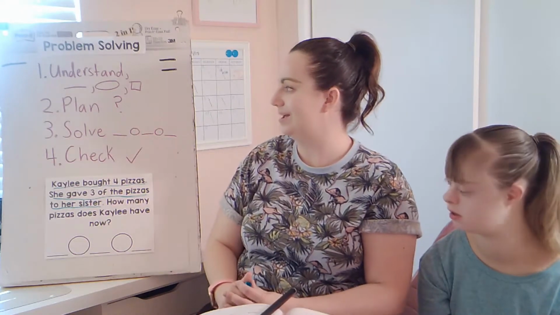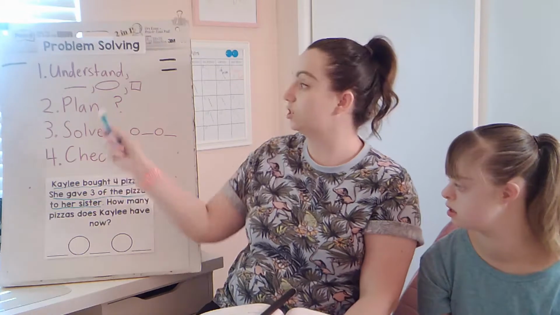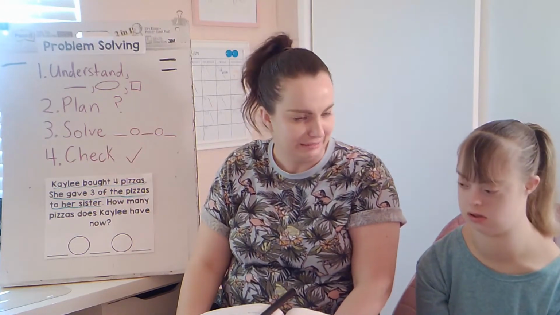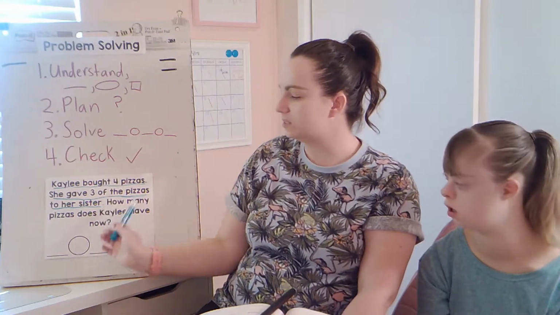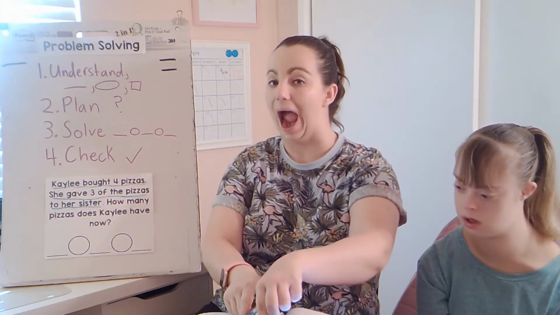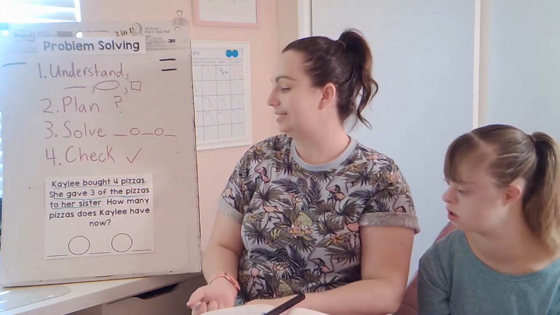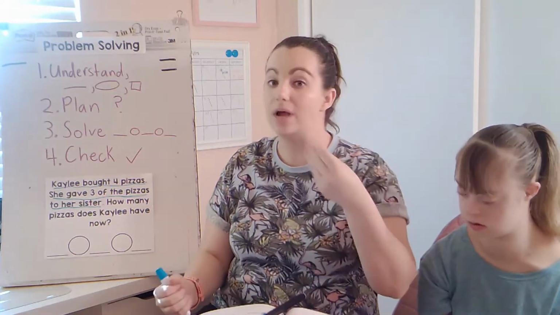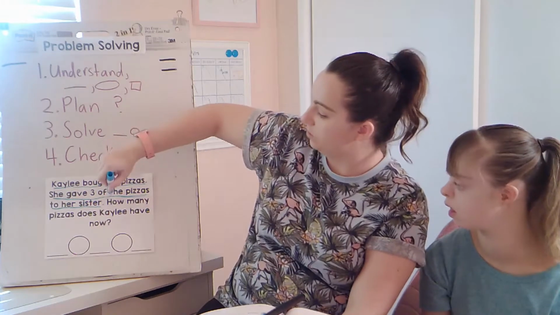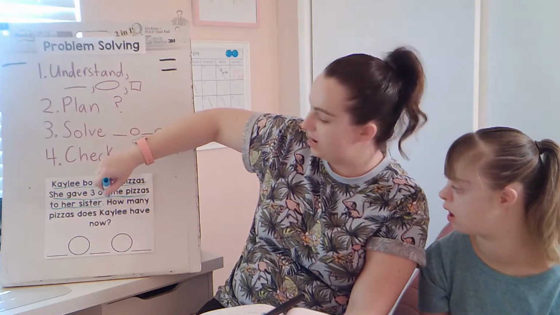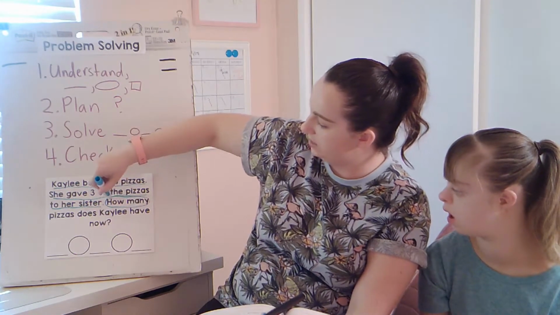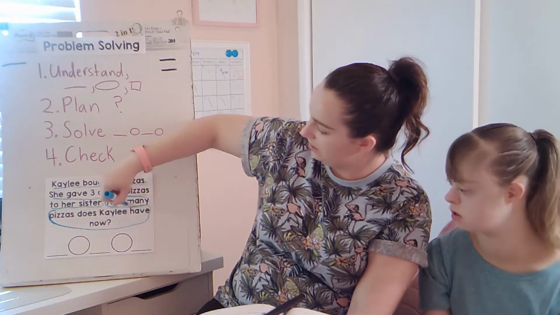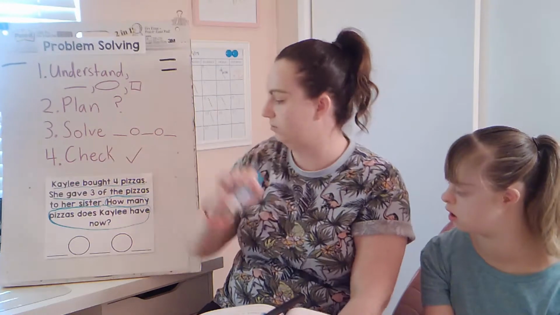Okay? Then we have to circle what we need to find. We need to find out how many pizzas does Kaylee have now? So you're going to circle the question they're asking you. So I'm going to do my best. I'm going to go ahead and circle, how many pizzas does Kaylee have now?